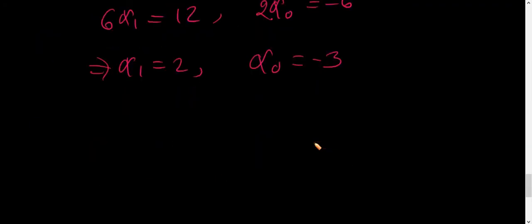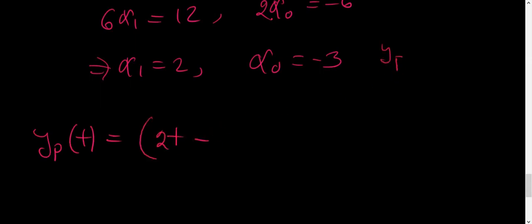So finally you can write the particular solution, which is a function of time, as 2t minus 3, because if you recall that yp of t had a form of t square e to the power 2t times alpha 1 t plus alpha 0, right? So I'm just writing this alpha part in the first place.